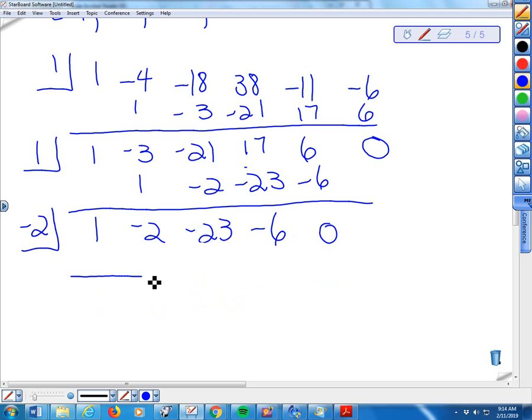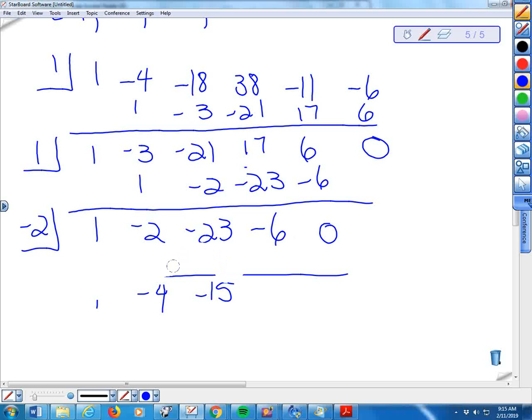This is just an effort of persistence, because I can't do anything until I get it down to a quadratic. So I'm going to go negative 2. Negative 2, negative 4, 8, negative 11? No. What is it? 15? And it's not going to work.